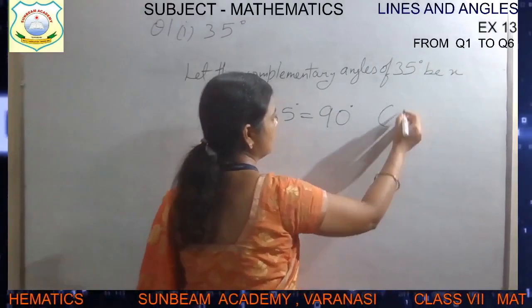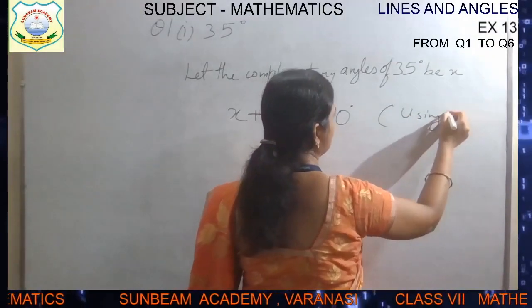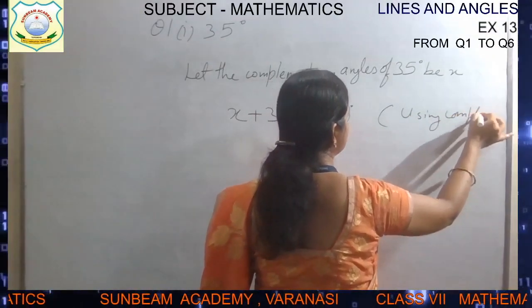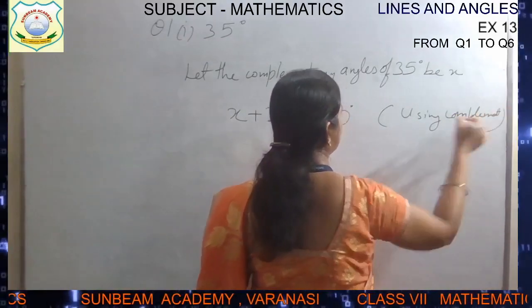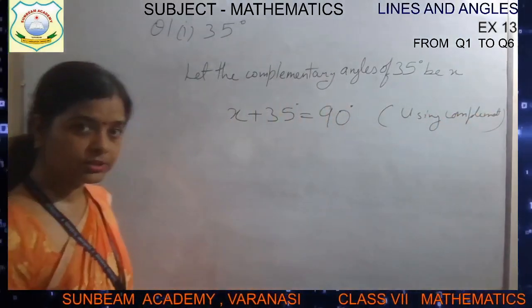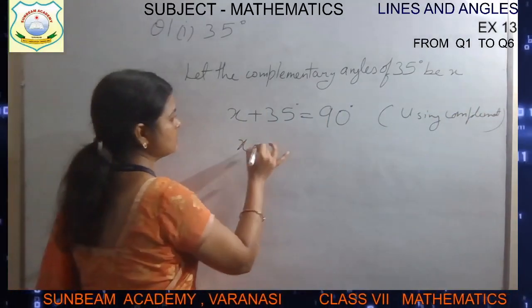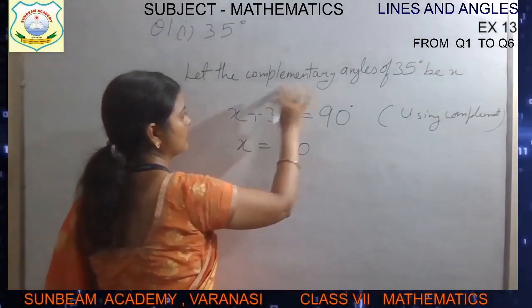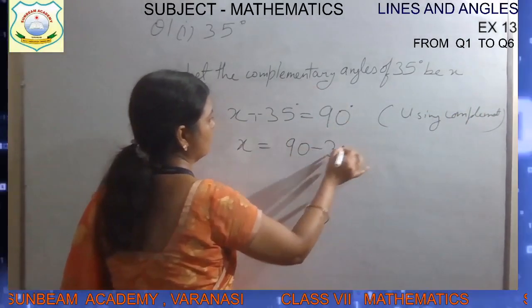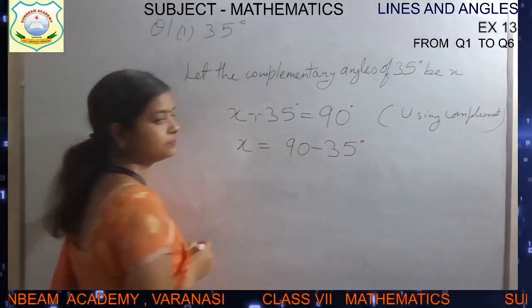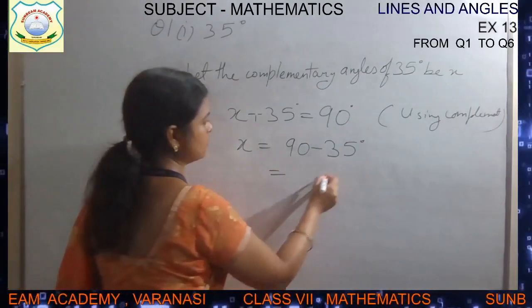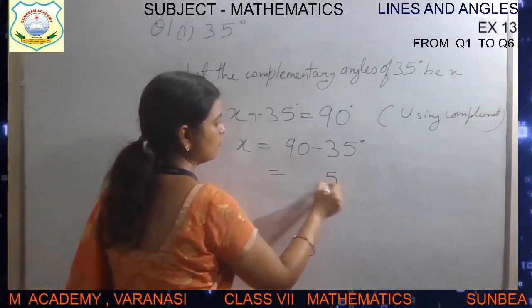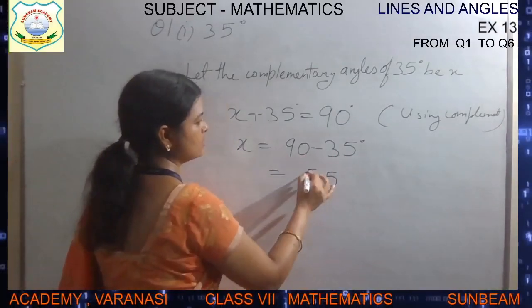यहाँ पे आप लिखेंगे using complementary angles definition. Okay, using complementary angle definition, you will write it. Now x is equal to what? 90 degree, 35 will go to that side. Now subtract it. So it will become how much, children? 10 minus 5 is 5, and 8 minus 3 is also 5.